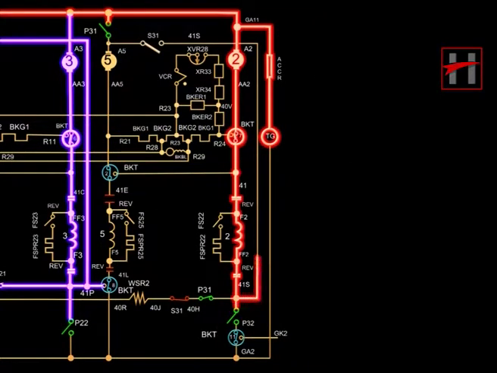This current flows through the series contactor S31 via cable number 41S and energizes traction motor 5 via cable number A5.